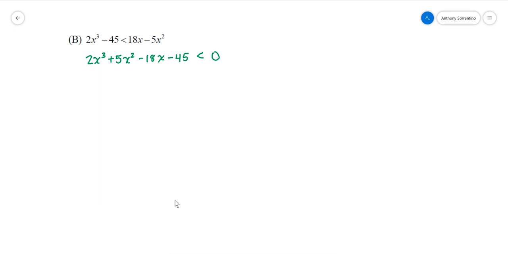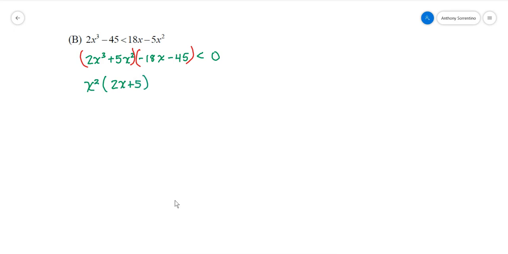I don't have to go that far because if you look here, I can factor in x squared. If I group these two together and these two, the first two, I can factor out an x squared, leaving me with 2x plus 5 in here.